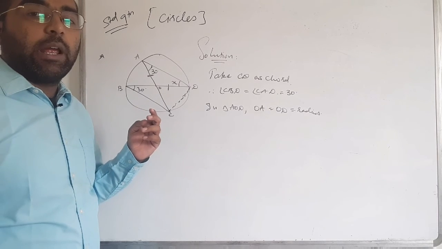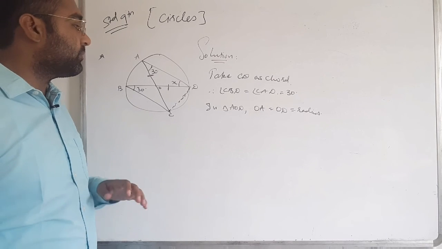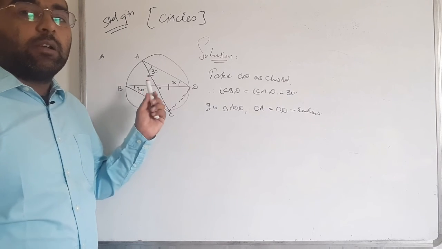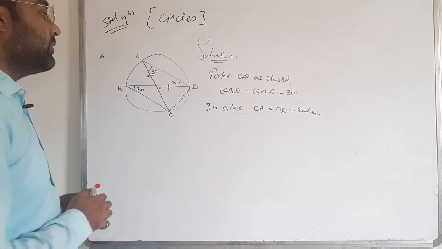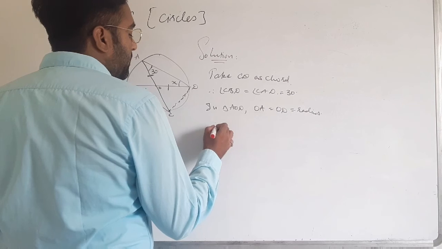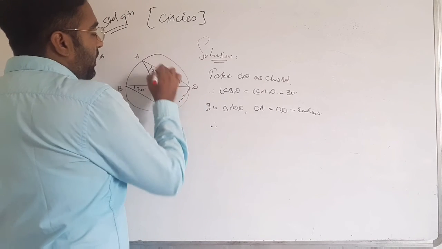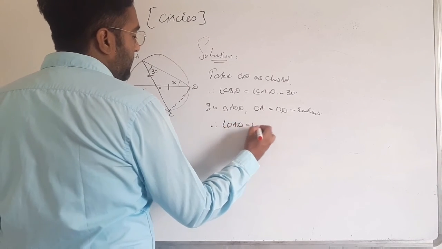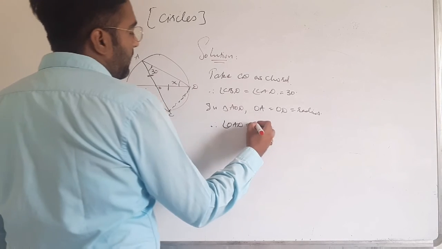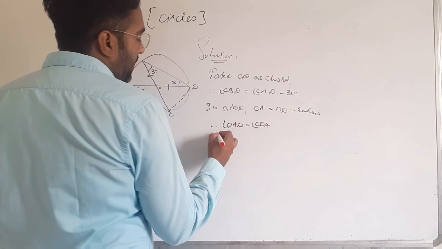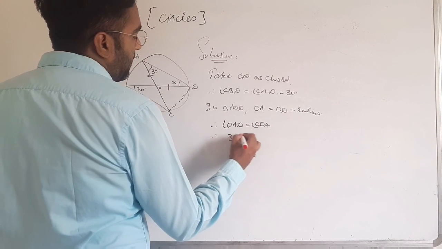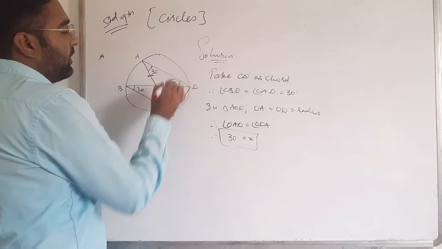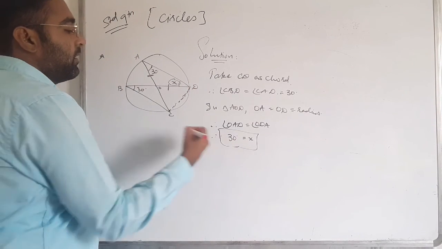Therefore angle OAD is equal to angle ODA. So 30 degrees is equal to x. So x is also equal to 30 degrees.